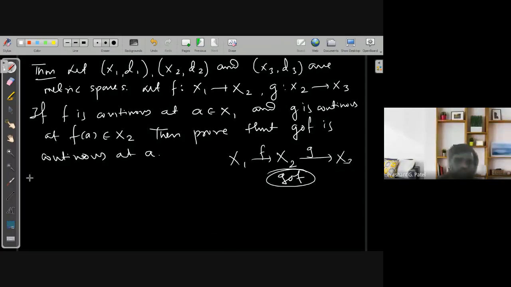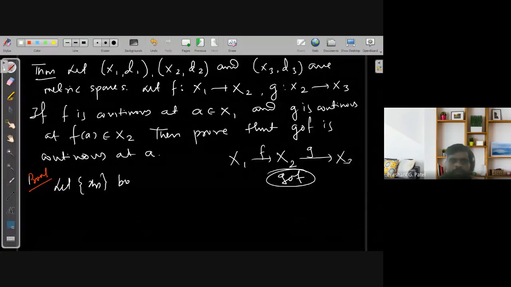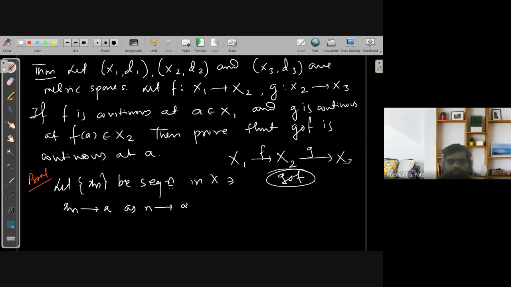And this statement is actually easy to prove. By the sequential definition, which we have discussed just now, let xn be a sequence in X such that xn converges to a as n tends to infinity.